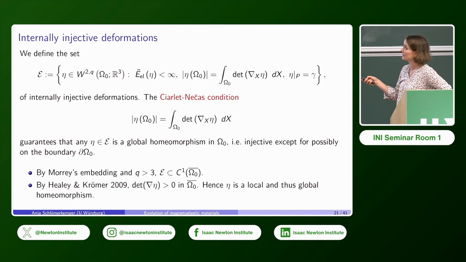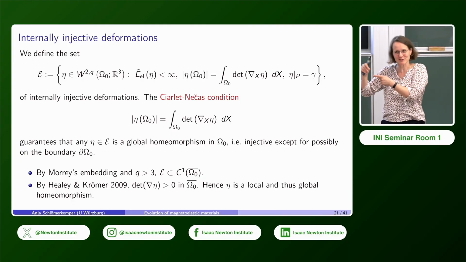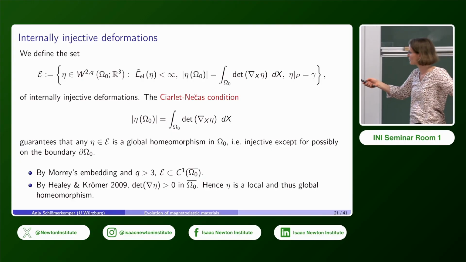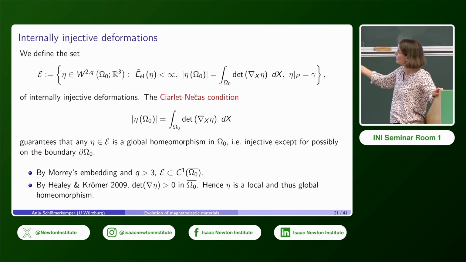So we define the set E as all those deformations eta being W^{2,q}, so relatively high regularity, which is why we have the second order gradient of eta in our energy functional. We assume that the elastic energy is finite. We assume that the Ciarlet-Nečas condition is satisfied and also the boundary condition. So this is our set curly E.